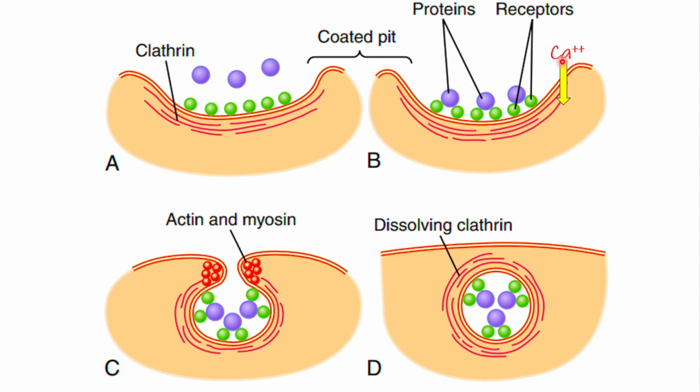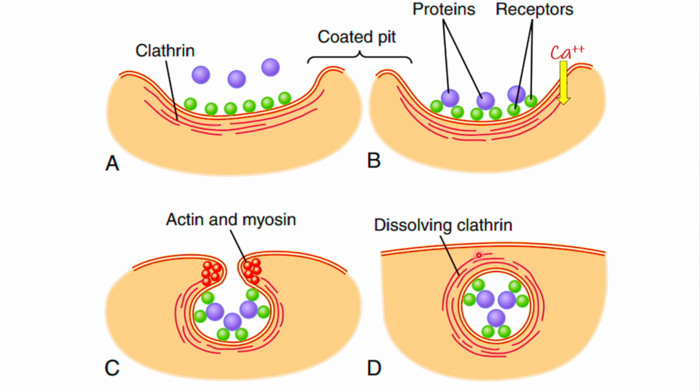On the movement of calcium ions inside the cell, these contractile proteins, the clathrin, the actin, the myosin, all contract. And when they contract, this area of the cell membrane will form an invagination, and the two borders of this pit will move upwards and join each other and fuse.